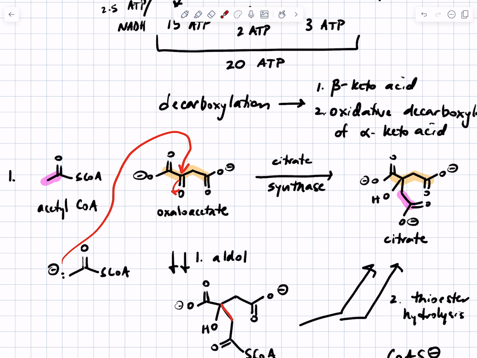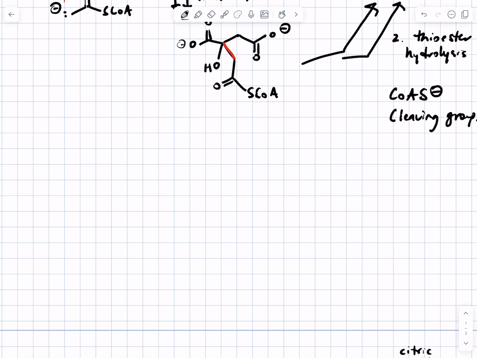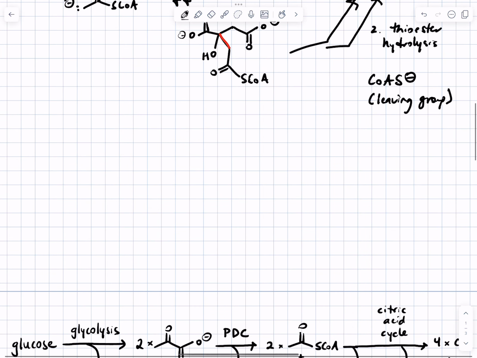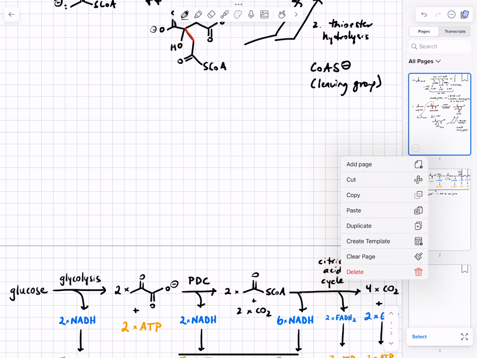Good. So let's now do the next step. In terms of how you talk about steps in the citric acid cycle, some people talk about reactions and others talk about enzymes.